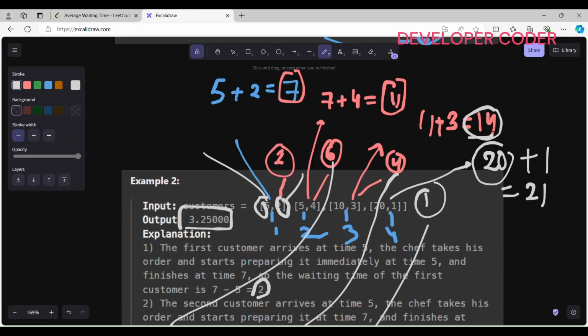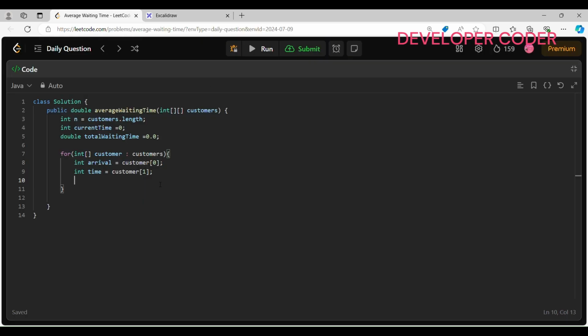Now one more thing that we need to check. See, if the arrival for this customer is greater than the previous start time, then I have to update my current time. So if the arrival value is greater than my current time, then in that case my current time will be equal to my arrival time.